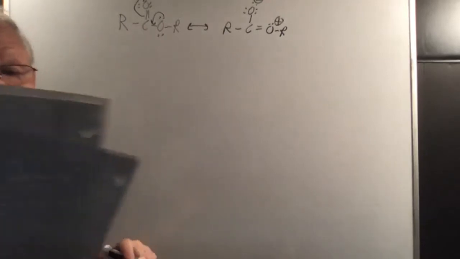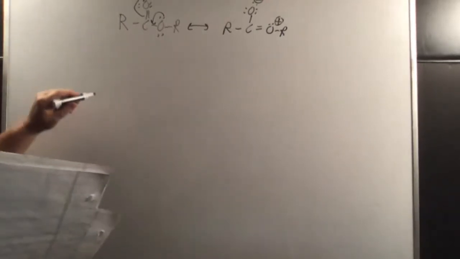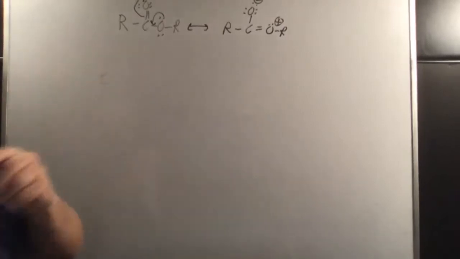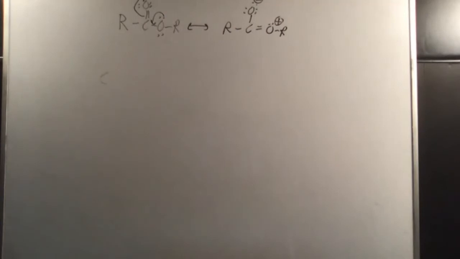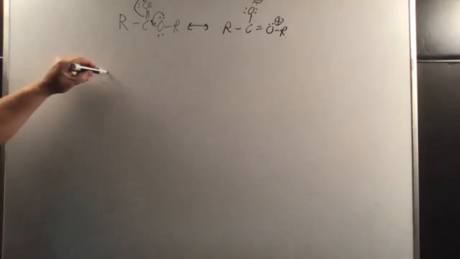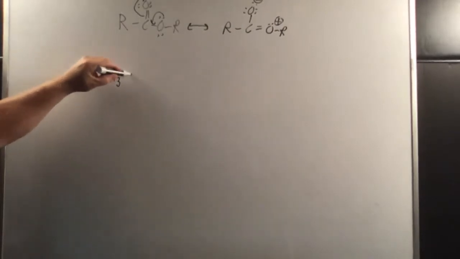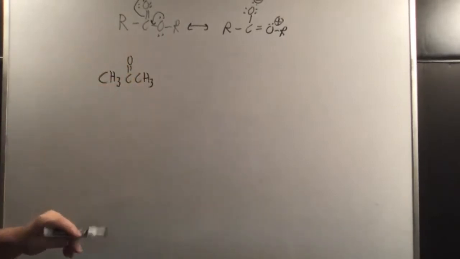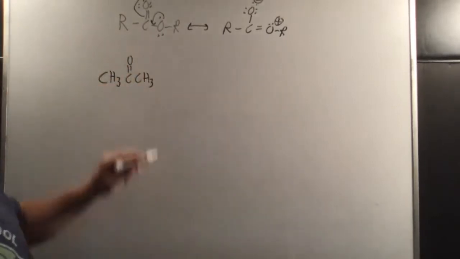So if we were to look at two reactions, for example, if we were to look at the reaction of a ketone. So let's just look at acetone. And we were to look at its reaction with, let's say, a base.